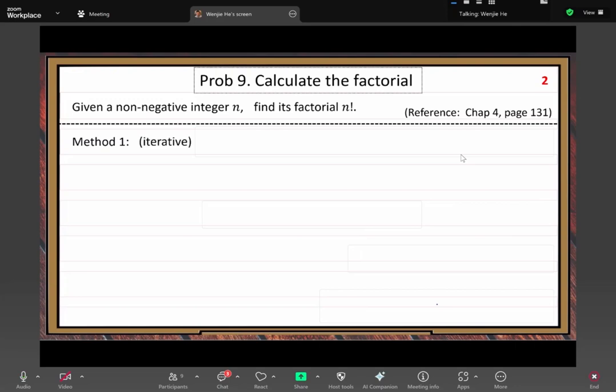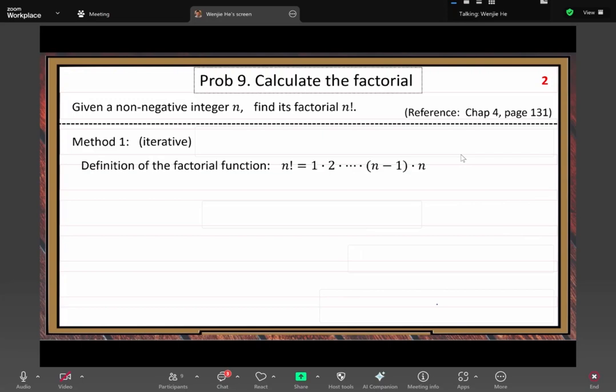Because we use the iterative way. From the function definition, we know it's a product of n consecutive positive integers. You can write a for loop to find the answer easily. No recursion.